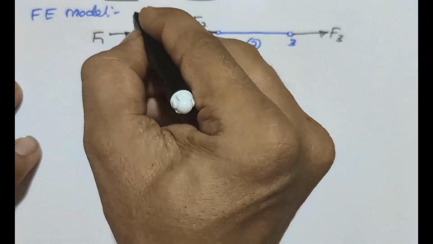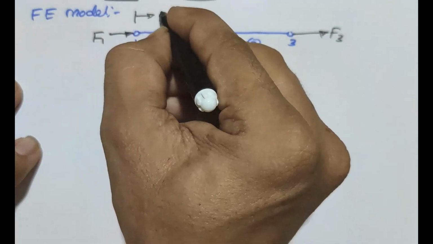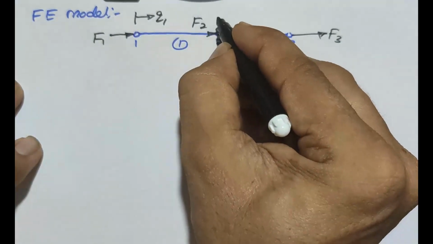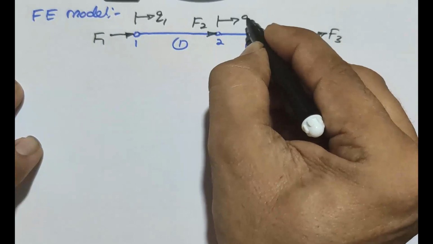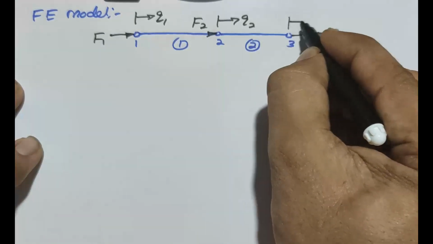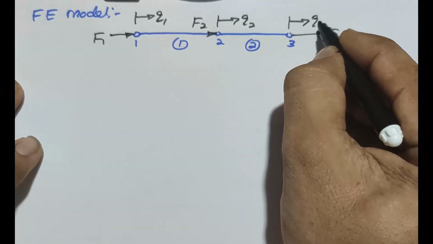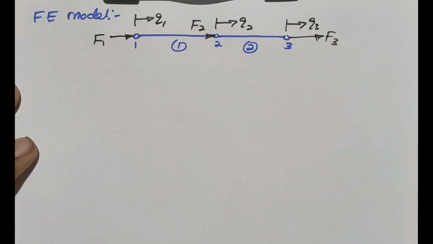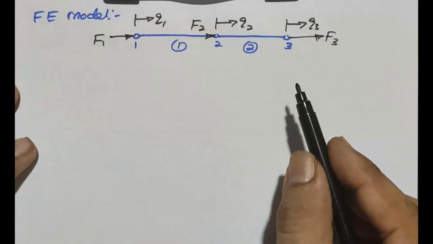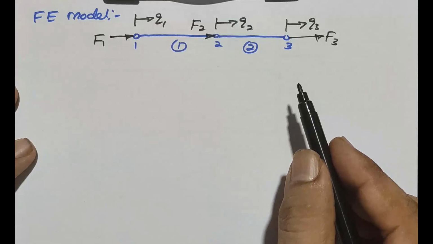And nodal displacements at node number 1 it is Q1, at node number 2 Q2 and at node number 3 the displacement is Q3. This is the finite element model of the given component.